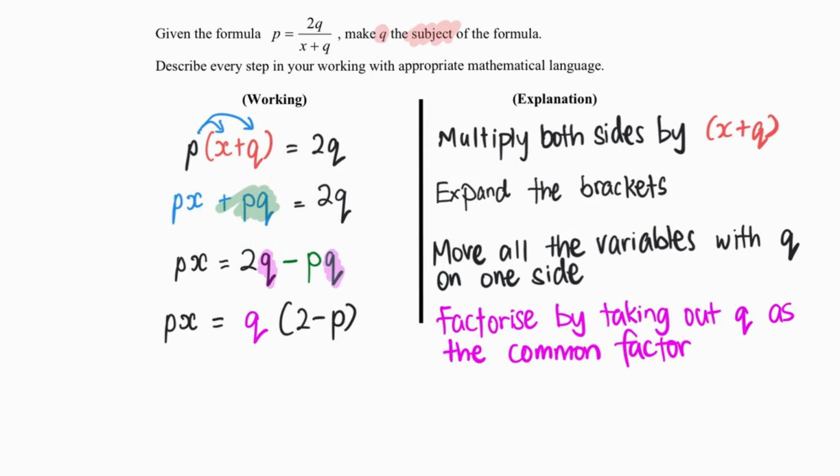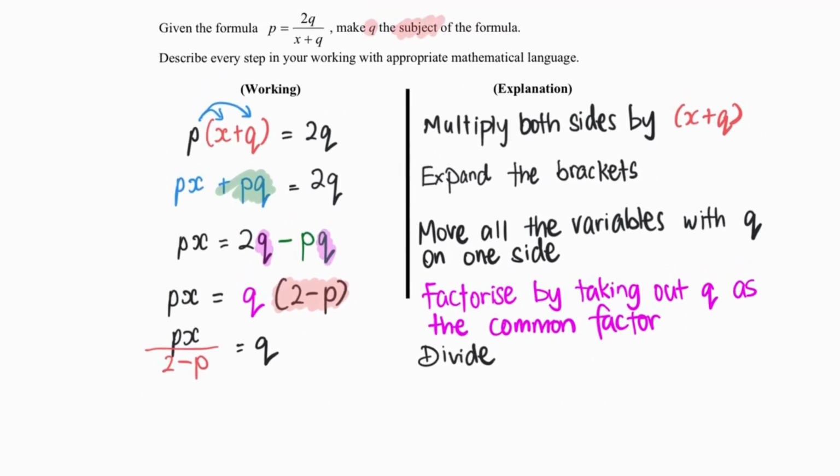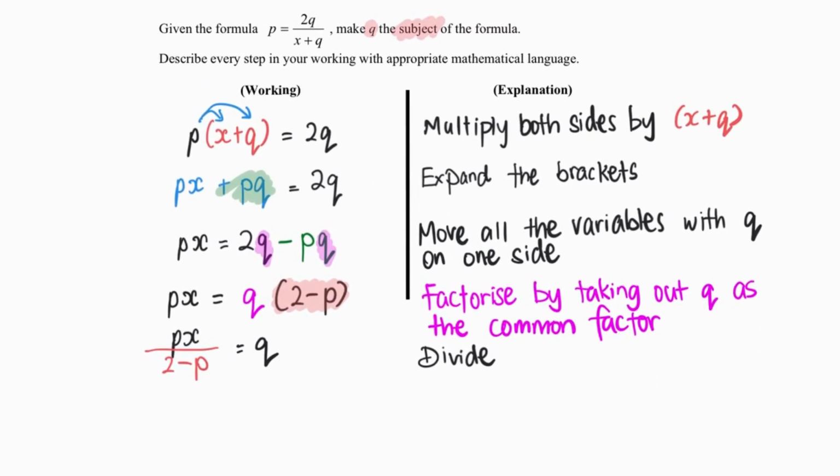You will then see that I'm going to divide both sides by 2 minus P so that we would have this.